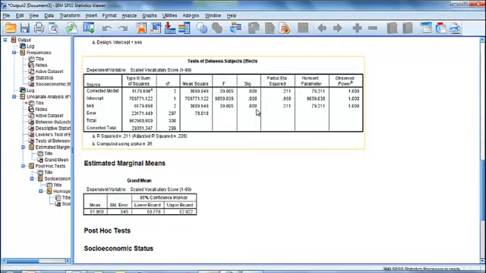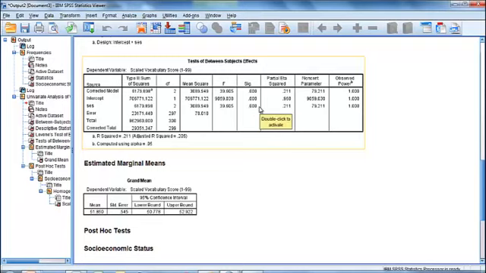We are going to reject the null hypothesis in this case because this value, whether we set our alpha at 0.05 or 0.01 or even 0.001, this significance value is less than any of those. So we reject the null hypothesis.